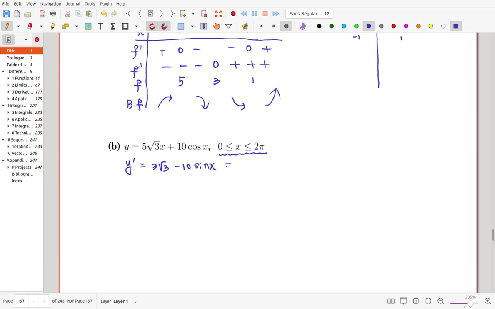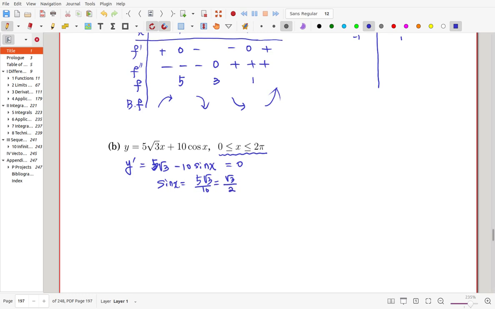If it is set equal to 0, then sine x must be 5 square root of 3 over 10, which is the same as square root of 3 over 2.